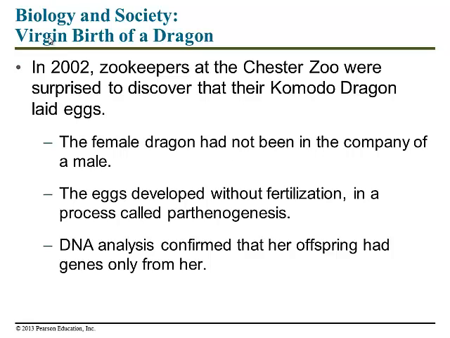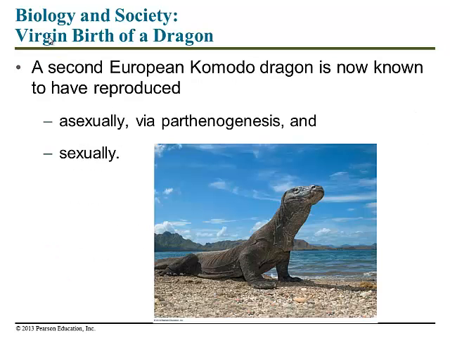But because of this, DNA analysis confirmed that her offspring had genes only from her. So that can happen. We are sexually reproducing organisms. So we as a species need to have two sexes in order to make a new organism. That's not the case for all organisms. The Komodo dragon is known to have reproduced asexually.